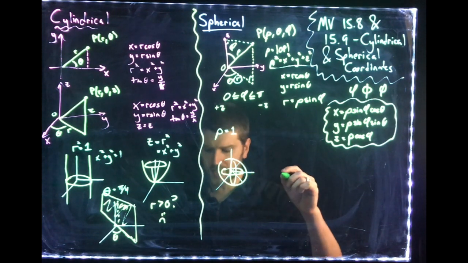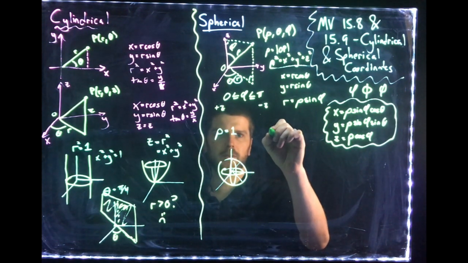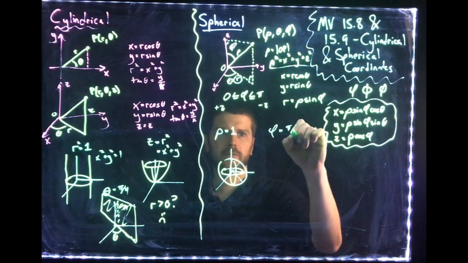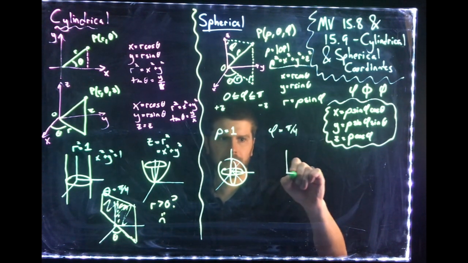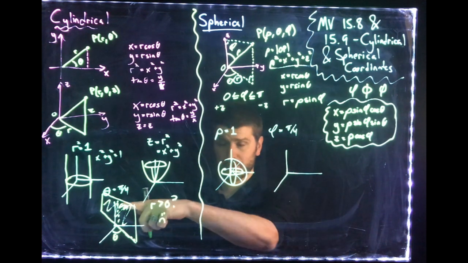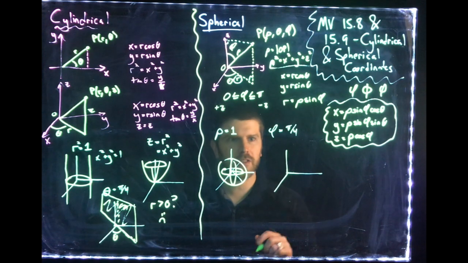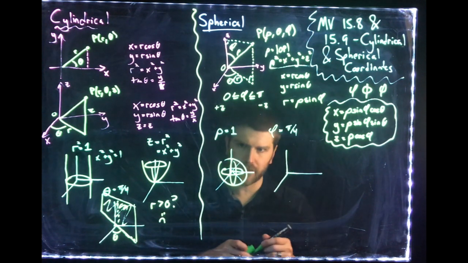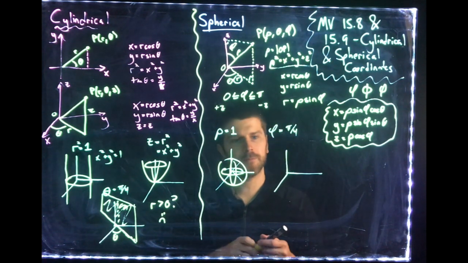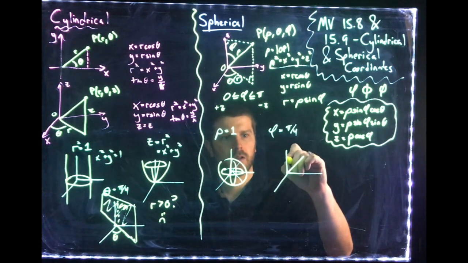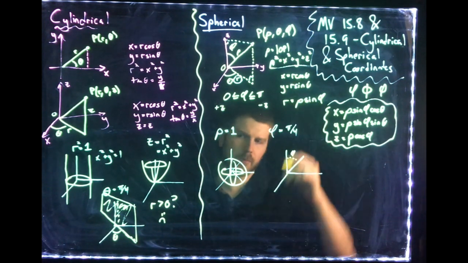We could also try something a little unusual as another example, which is phi equals pi over 4. Theta equals pi over 4, in fact, will look exactly the same. If phi equals pi over 4, I'm coming down pi over 4 from the positive z-axis.